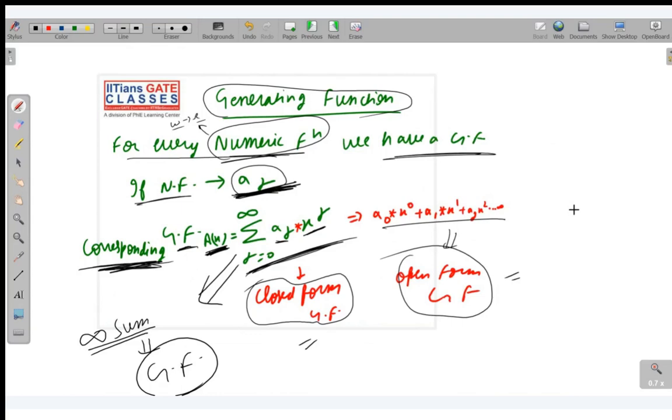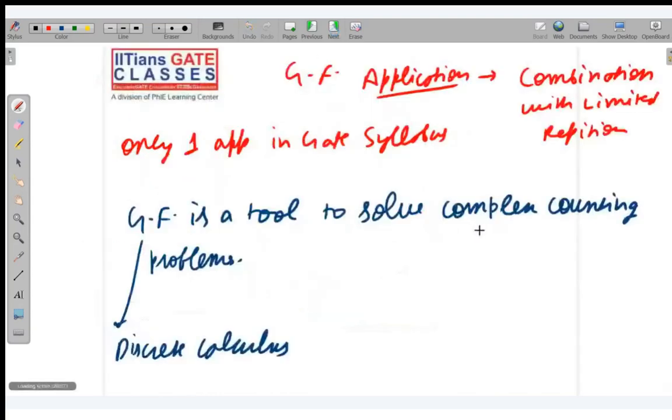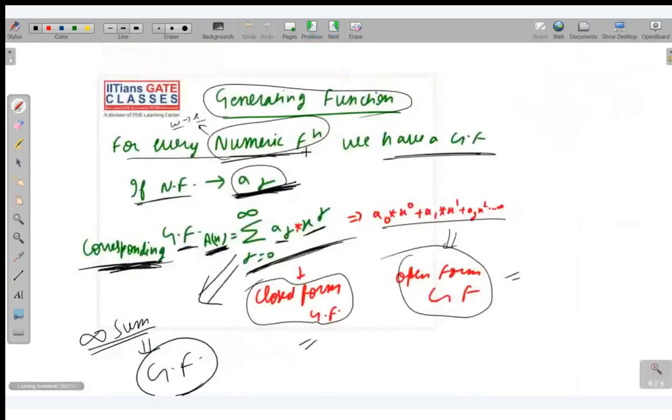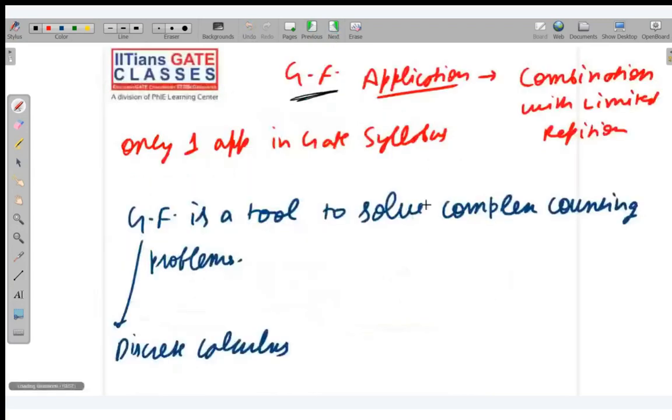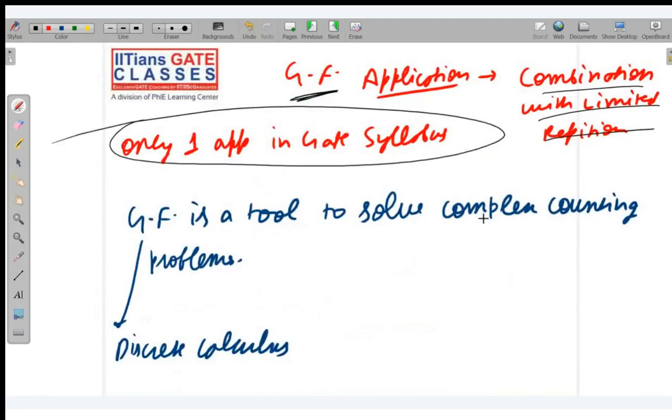Now, what is the application of generating function? I have told you that for every numeric function a_r we have a generating function like this. So why are we studying it? Application: combination with limited repetition, which we told you in the previous class, is the only application in your GATE syllabus. More precisely, a generating function is a tool to solve very complex counting problems.